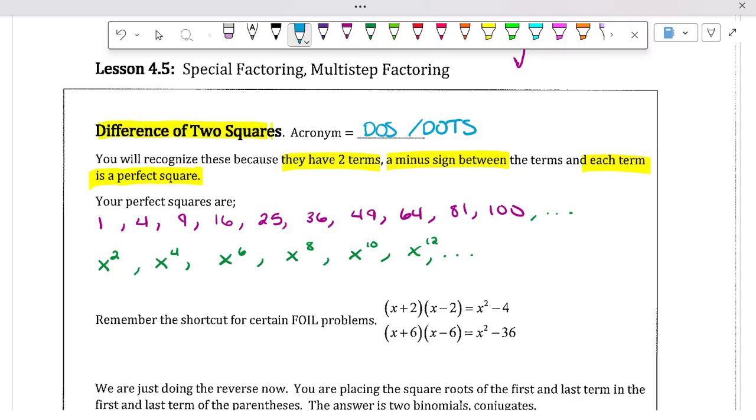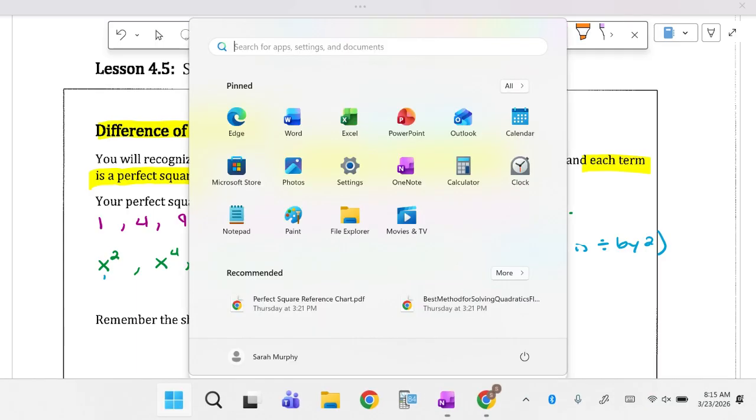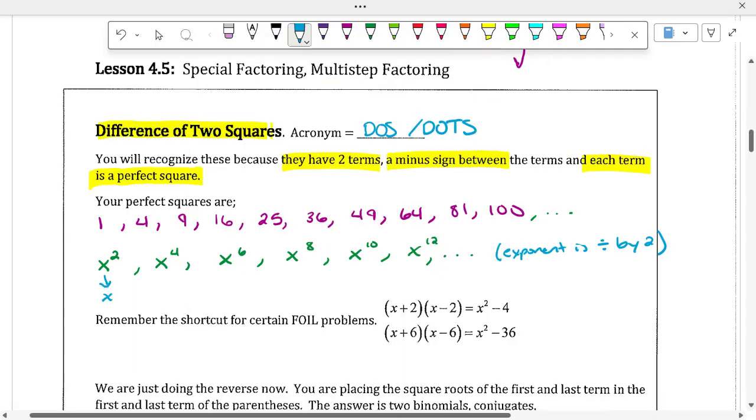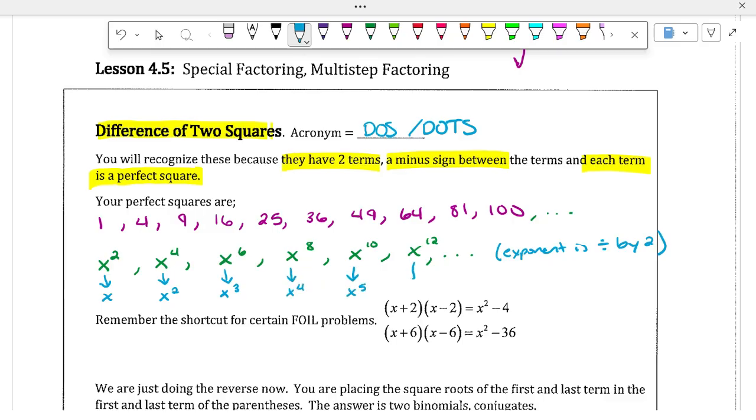So for variables that are perfect squares, the exponent is divisible by 2. That's also how you take the square root. The square root of x squared is x. Square root of x to the 4th is x squared. Square root of x to the 6th is x cubed, and so on and so forth.